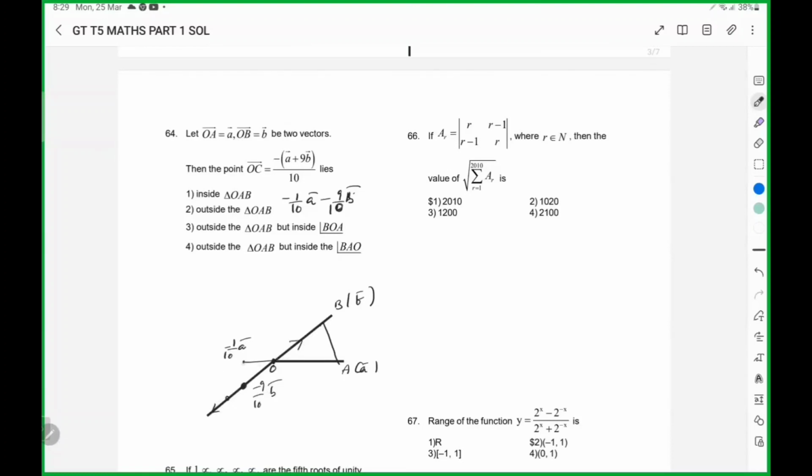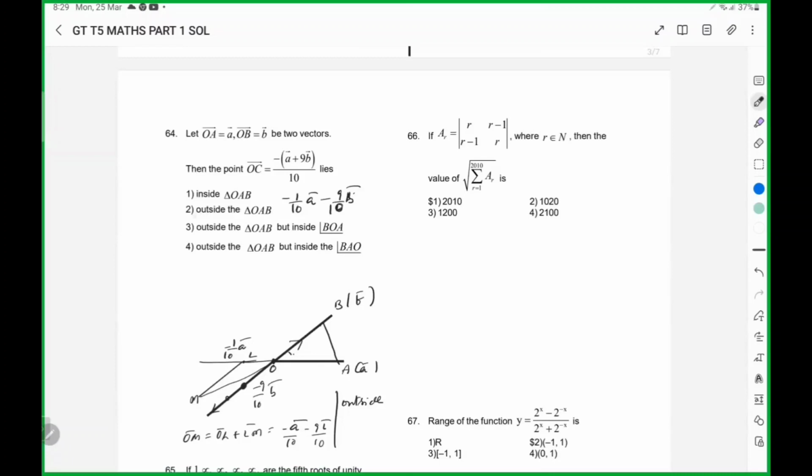So if I draw a parallel line, here OM bar is OL plus LM, minus 9b bar by 10. It is obviously this point is not inside, so it is outside.